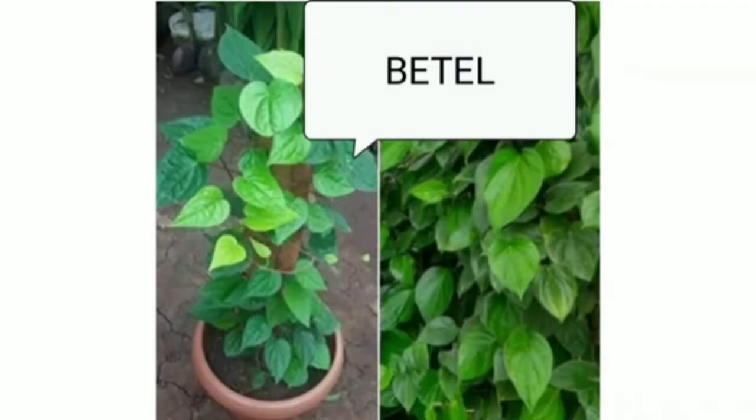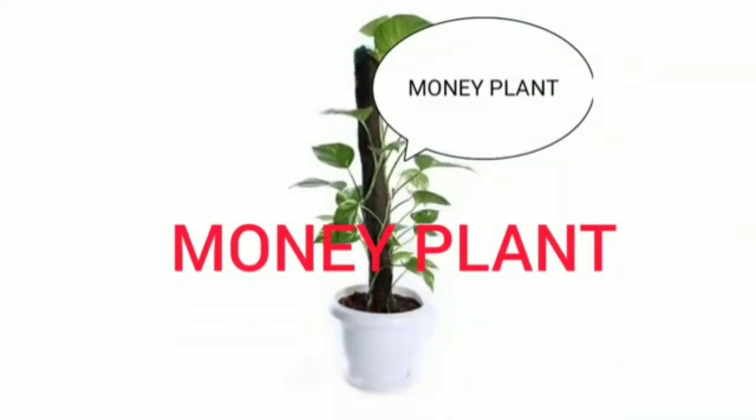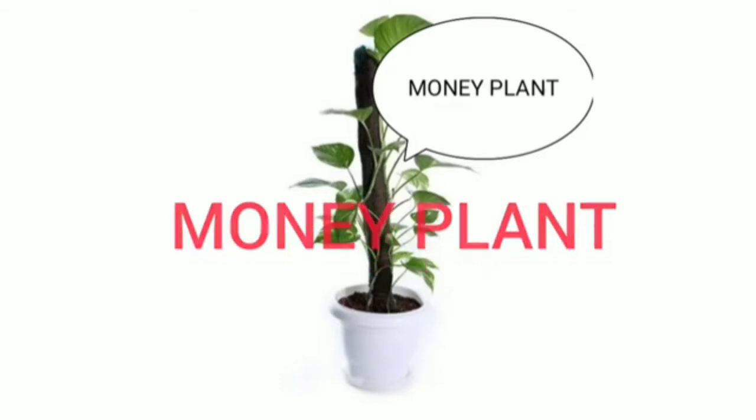What is meant by betel? In Tamil we can say it's vetrilai. Climbers are called kodi in Tamil. Money plant, M-O-N-E-Y P-L-A-N-T, money plant. These are the examples for climbers. Climbers need support to grow.